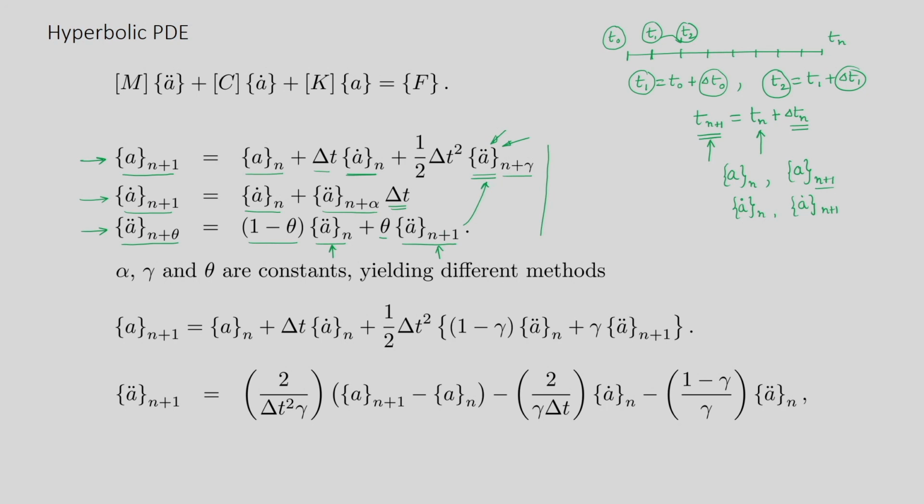If I write it over here, we will write A double dot at n plus gamma as 1 minus gamma times A double dot n plus gamma times A double dot n plus 1.